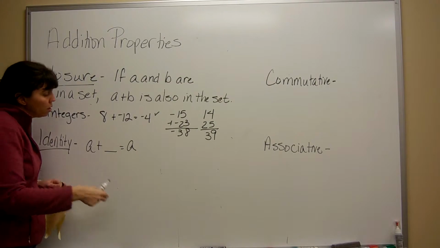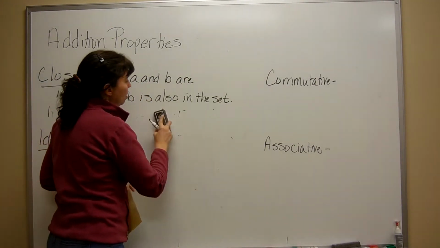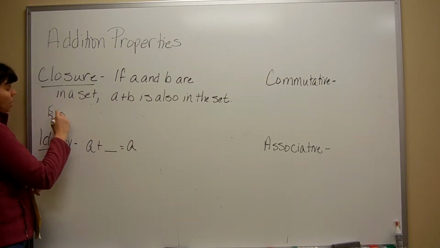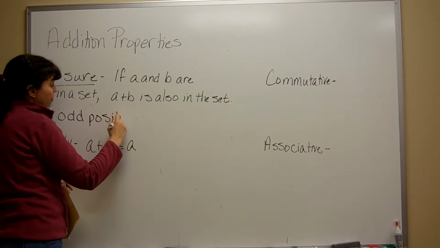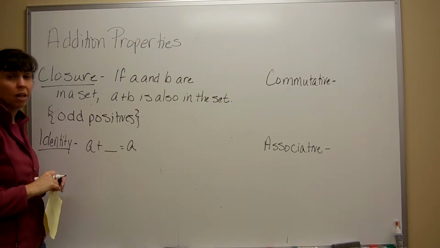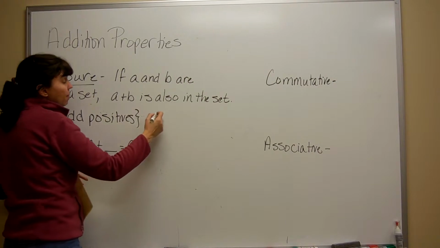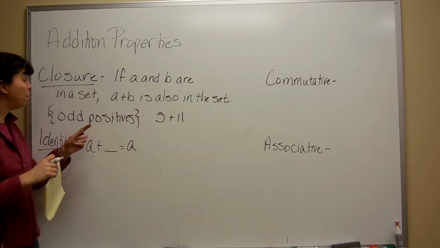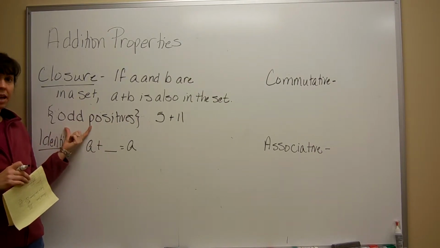Okay? So let's look at another set. Let's say we were only looking at odd numbers, odd positives. That's where I'm going to grab my first two values. If I grab any two odd positive numbers, 5 and 11, both of these are odd and positive, so they both belong to this set.